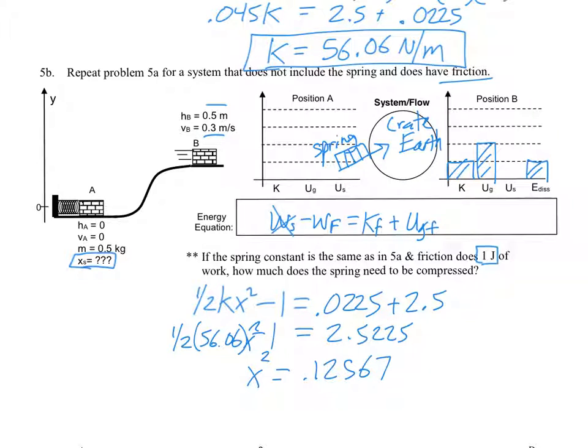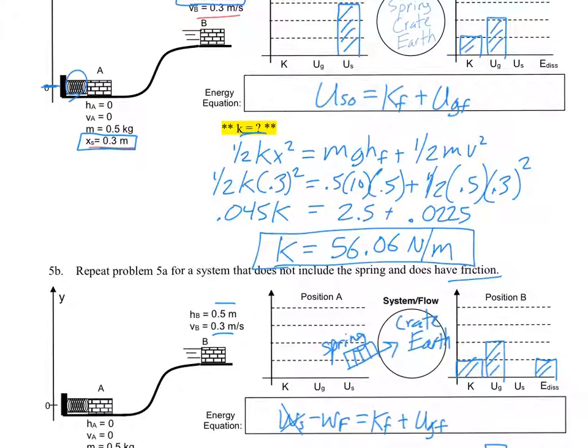Well, that's what x squared equals, and remember we want x, so I need to take the square root of that number, and that gets me 0.35, and it's how much it was compressed, and the standard units there is meters, so the spring needs to be displaced 0.35 meters now, where previously it was only displaced 0.3 meters.